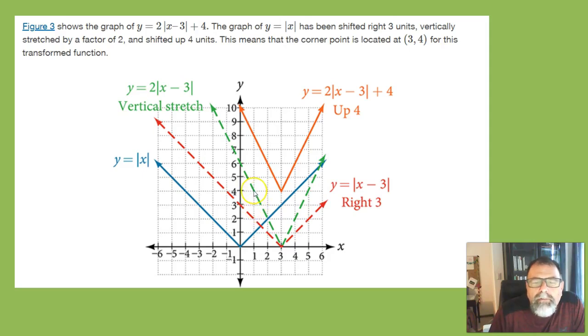So 1, 2, it's up here. Okay? And then you do that for all the points, or what I do is just do 1 point on each side just to get the V. And then you're going to shift it up 4 units. So just take this green V that's skinnier and move it up 4. Okay? So that's using the transformations that we learned in last section.